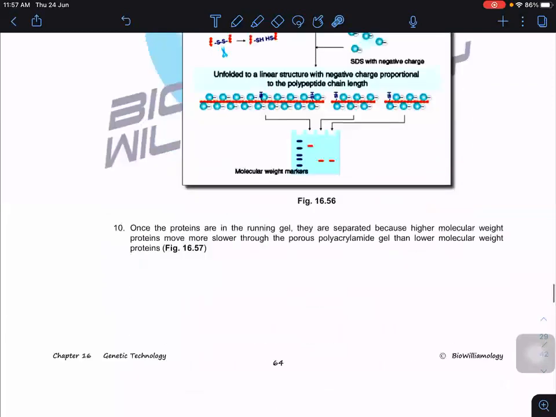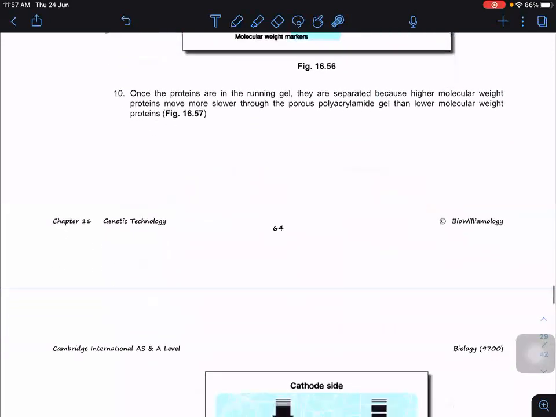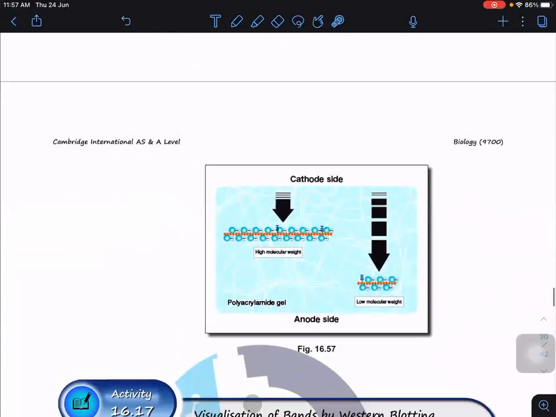Okay, so once the proteins are in the running gel, they are separated because higher molecular weight proteins move slower through the porous polyacrylamide gel than lower molecular weight proteins. So again, similar to DNA, they will move faster if they are smaller fragments. Can you see that? Longer fragments will be trapped in the polyacrylamide, but shorter fragments can move further.